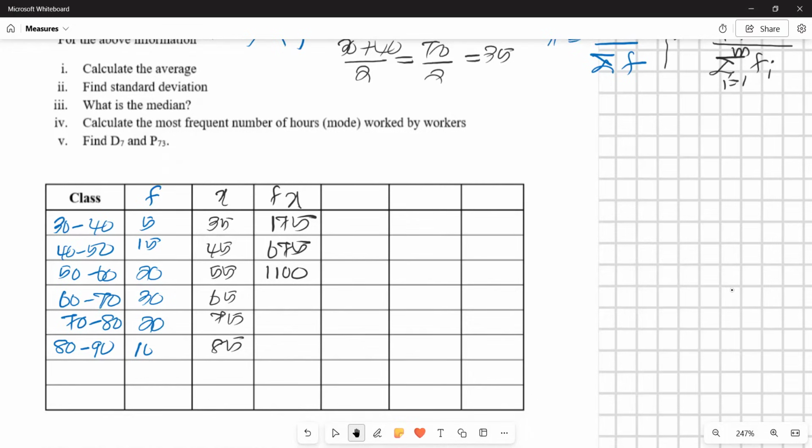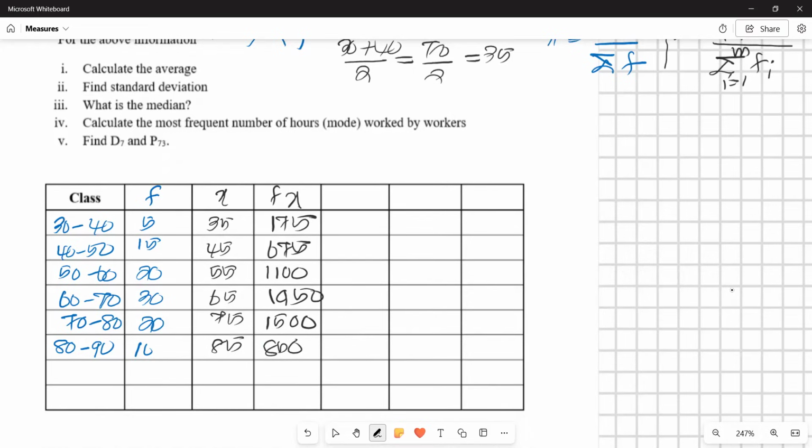Next one, 65 into 30: 1950. Next one, 75 into 20: 1500. Next one, 85 into 10: 850. Right. Now with this we can get the mean.